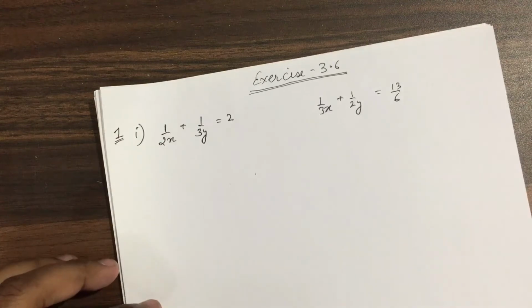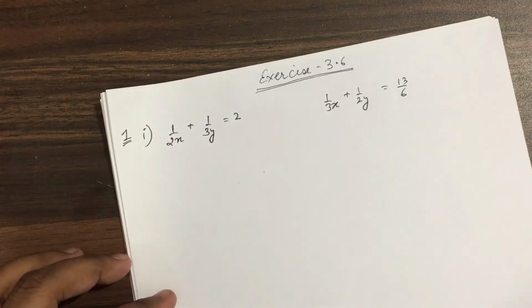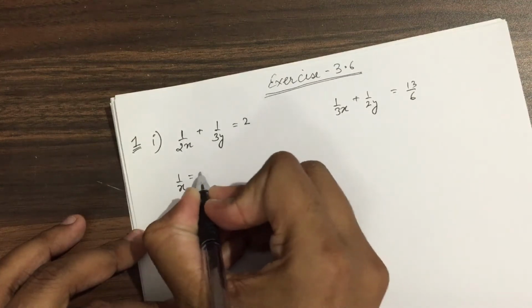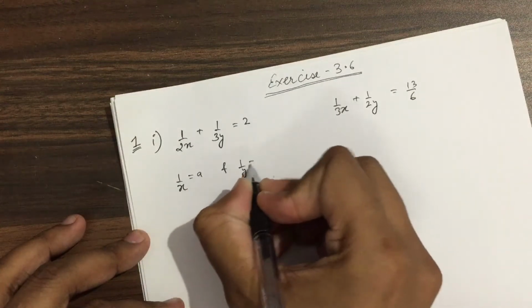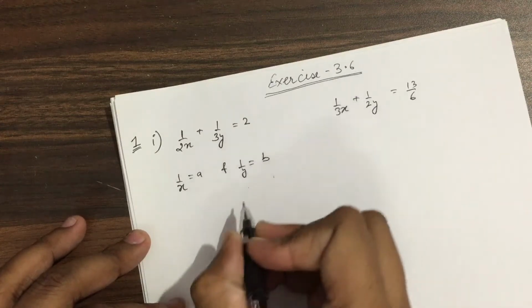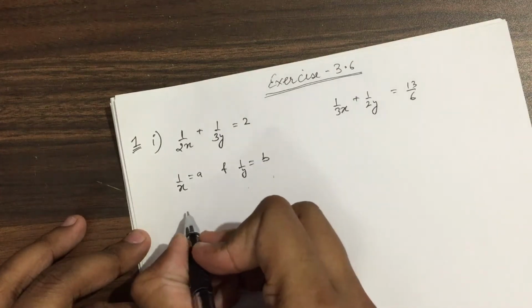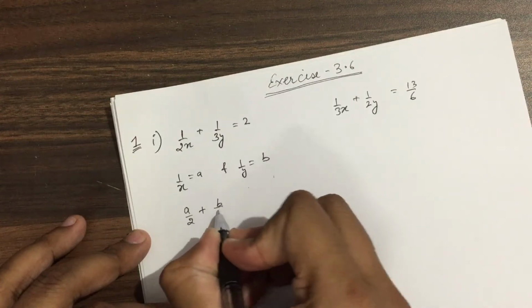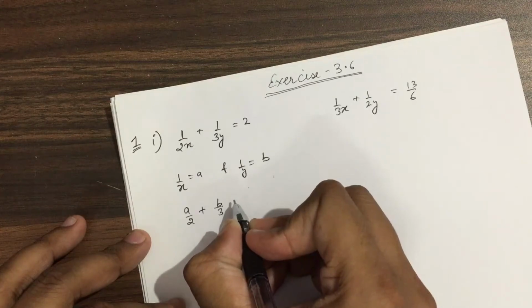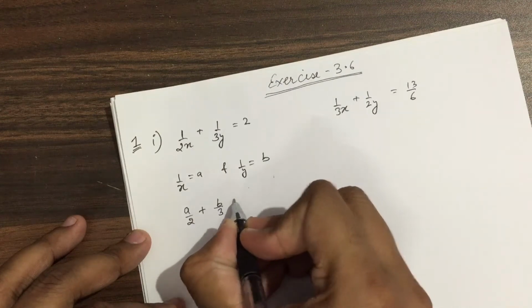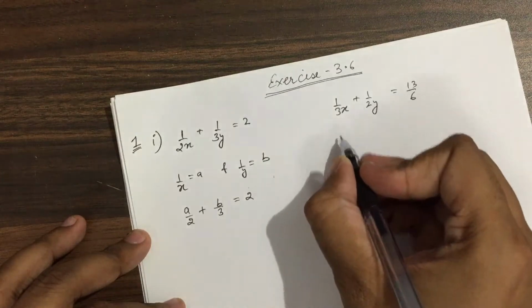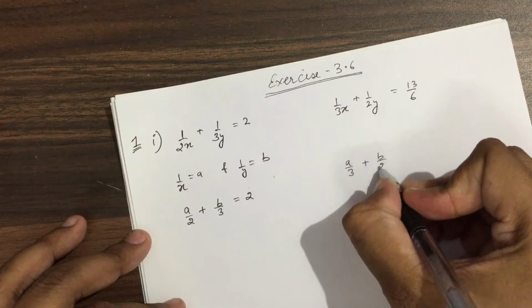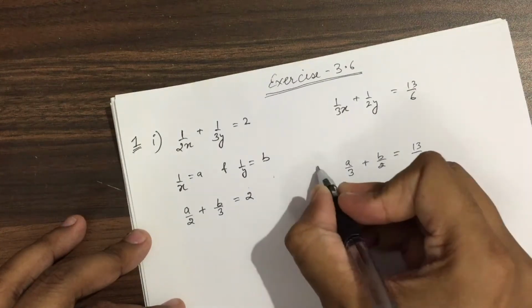In order to convert into standard form, we have to assume 1 upon x equal to a and 1 upon y equal to b. So this is reduced to a upon 2 plus b upon 3 equal to 2. Similarly, this is reduced to a upon 3 plus b upon 2 equal to 13 upon 6.